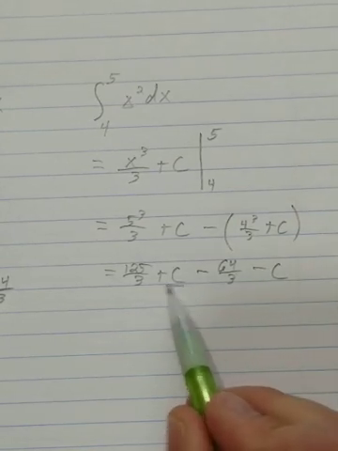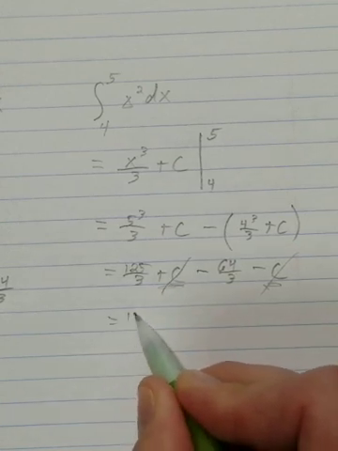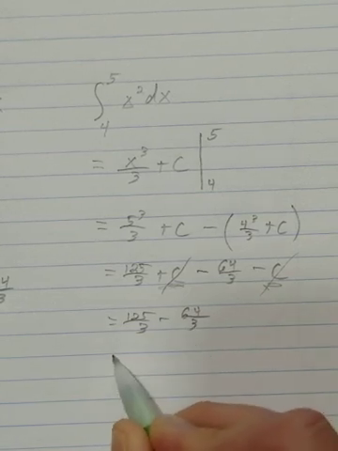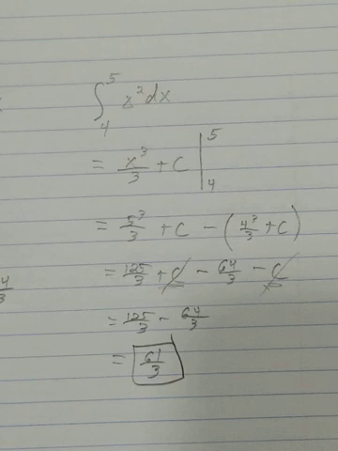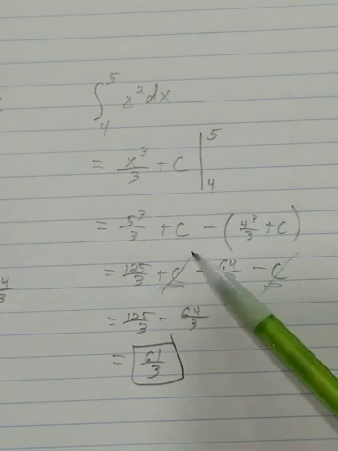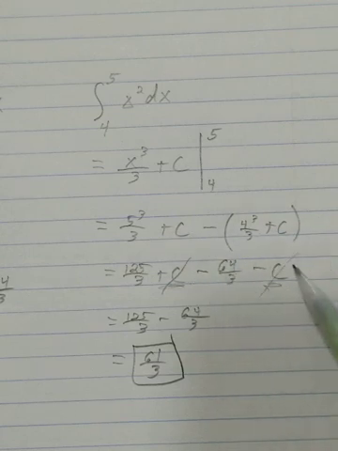Now what happens if you have plus c and minus c? They zero out. And what are you left with? 125 over 3 minus 64 over 3. And what did we say that is? 61 over 3. So you can see, if we put in a plus c, whenever I evaluate it at my limits of integration, it's going to end up zeroing out. So I can just save time and not put the plus c because I know that.